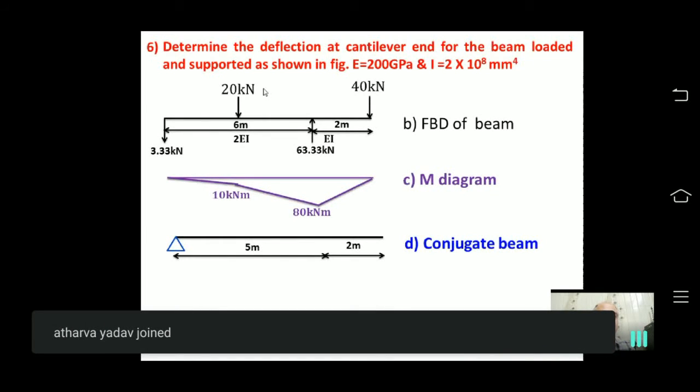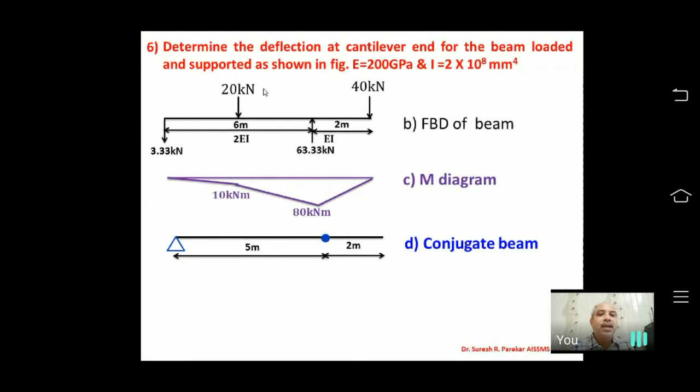As this is a continuous support, that becomes your internal hinge. That is most important. Whenever you have an overhang, the support before it becomes a continuous support, and the last end, which is a free end, becomes a fixed end.